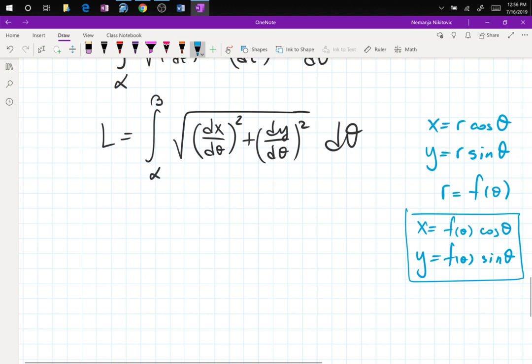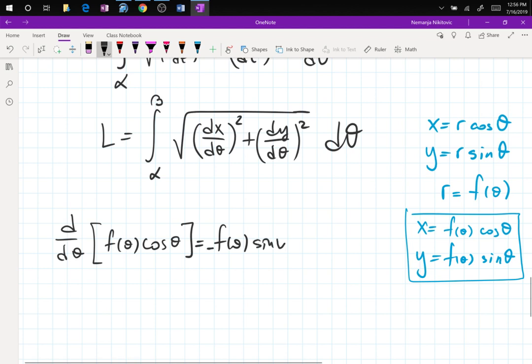So as I replace the x only over here, as I replace x with f of theta cosine theta, you see that you have to do some product rule to work it out. So d theta of f of theta cosine theta is given as copy the first times derivative of the second, which gives you a negative sine theta, plus copy the second, which is cosine theta, times the derivative of first, so that's f prime.